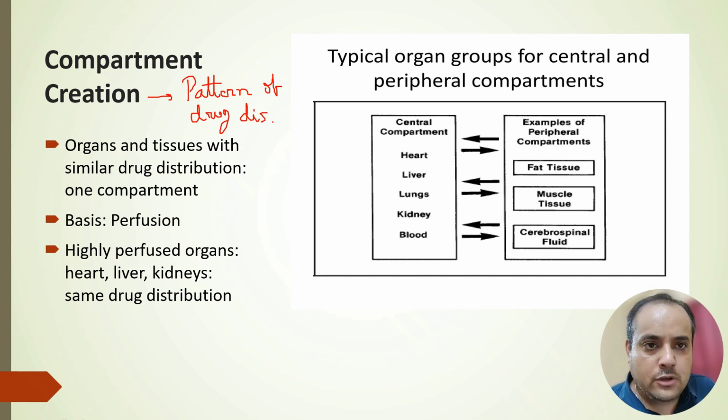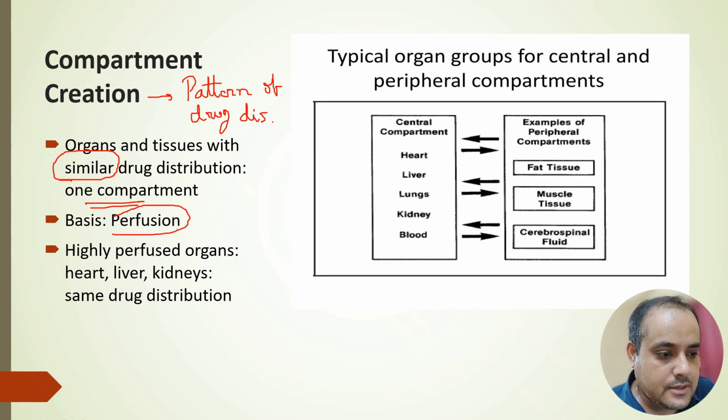All organs and tissues which have a similar drug distribution have been kept under one compartment. And the factor that regulates this pattern of drug distribution is the perfusion of the tissues, that is, what is the level of perfusion.